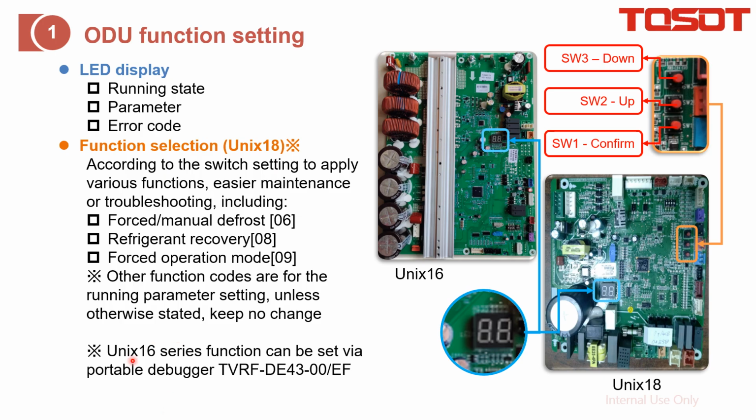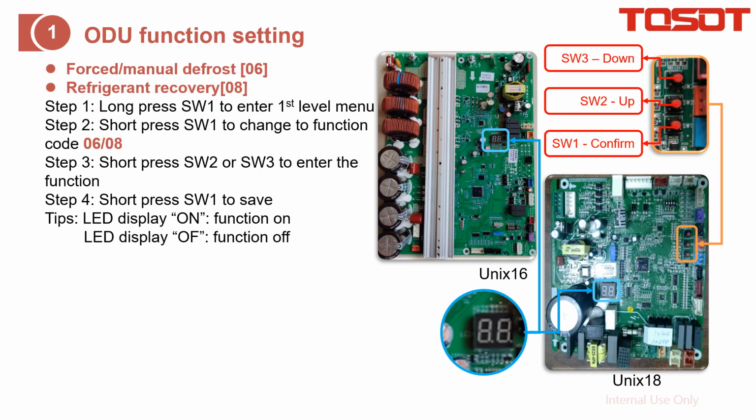As for Unix 16, there are no buttons here. All the function settings should be set from the portable debugger, this one. For the refrigerant recovery function, you can follow these steps to enter or apply the refrigerant recovery. Once you enter, the system will display the signal for you on when to close the liquid valve and when to close the gas valve.